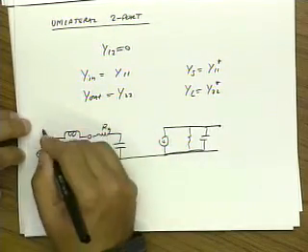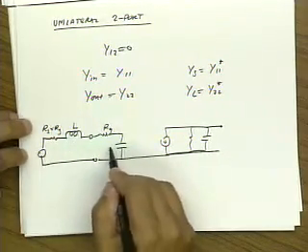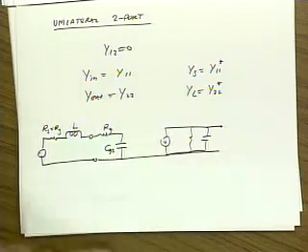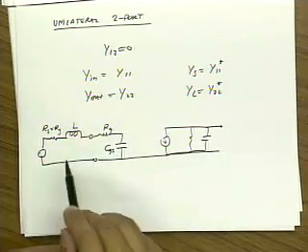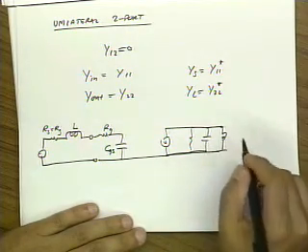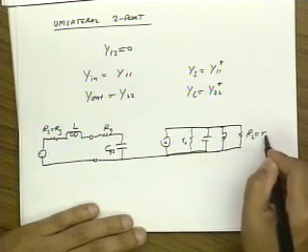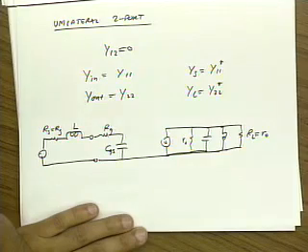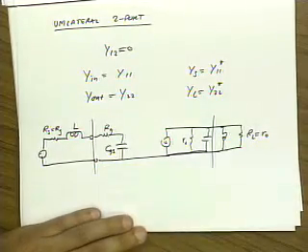If this is Rg, I drive it with Rs equal to Rg, and I make L resonate with C. And so now the input is a complex conjugate match. I can extract the optimal power from the source. And then on the load side, I do the exact same thing. I put an inductor here to resonate with this C, and I put an RL equal to RO to extract the maximum power from the output network. So these are the optimal source and load admittances.